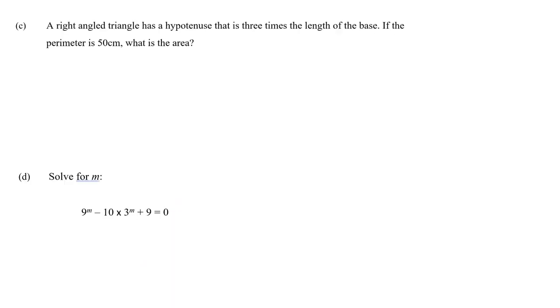Okay, so as you sort of said, having some sort of picture might be helpful here. Is that fair? So if we draw some sort of picture, here's a right angle triangle. I love the right angle triangle. That has 3 times the length of its base. So this is the hypotenuse, that's the base.